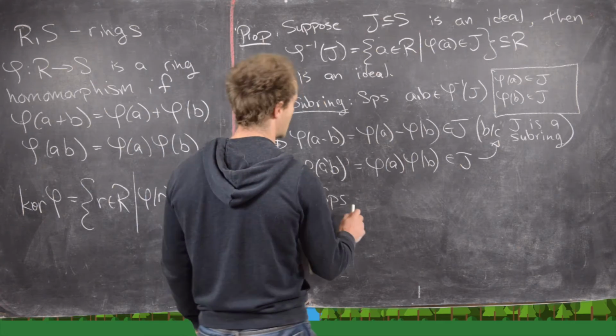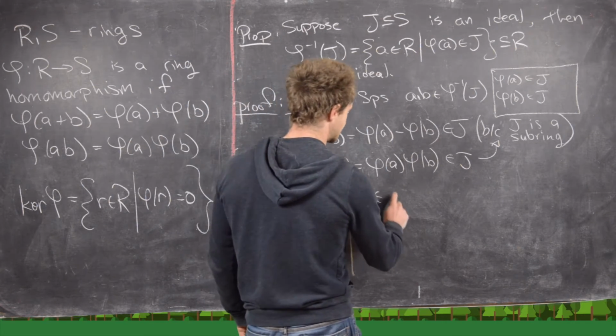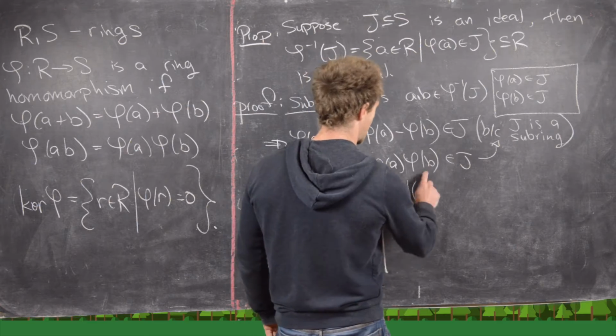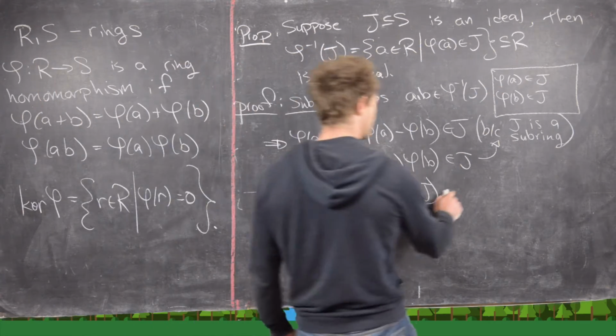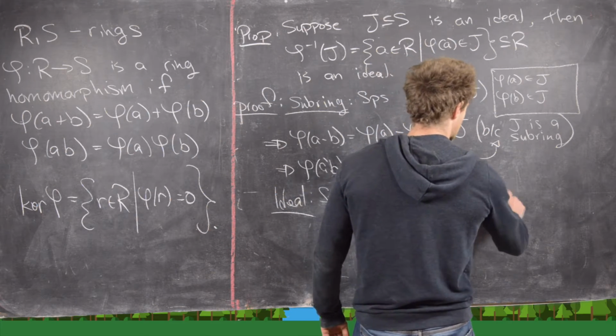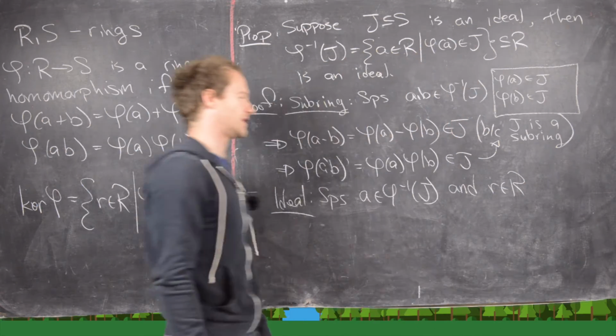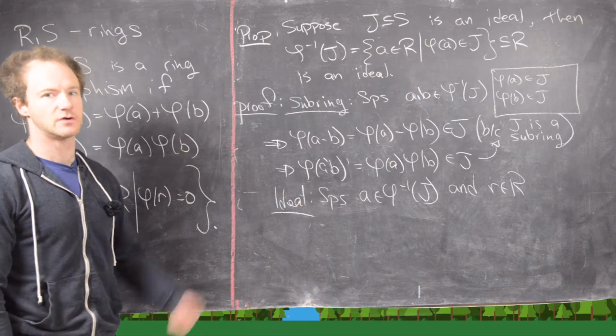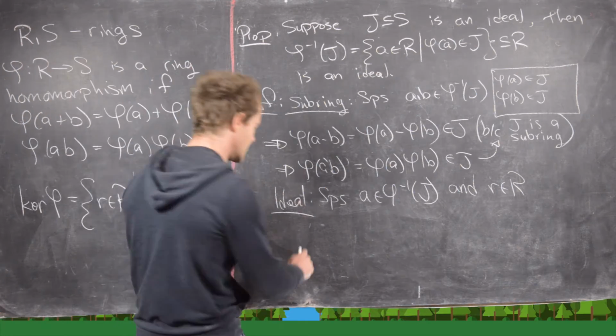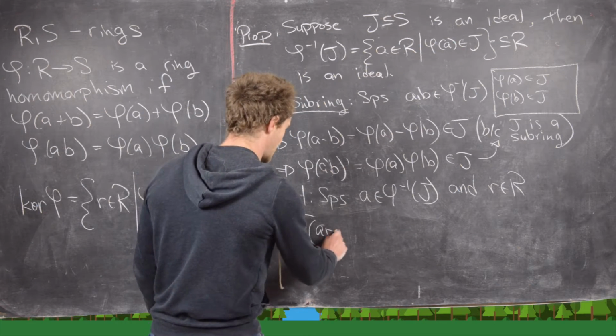So let's suppose that A is in phi inverse of J. Recall that that means that phi of A is inside of J, and little r is an arbitrary element from R. Now we need to check from both sides because we don't know if this is a commutative ring or not. So let's go ahead and do phi of AR.